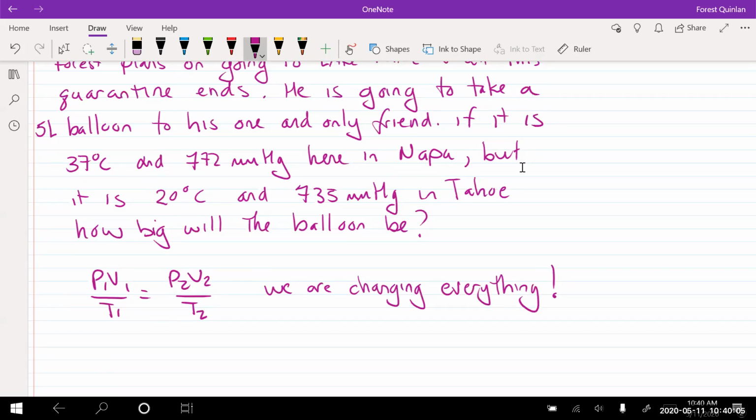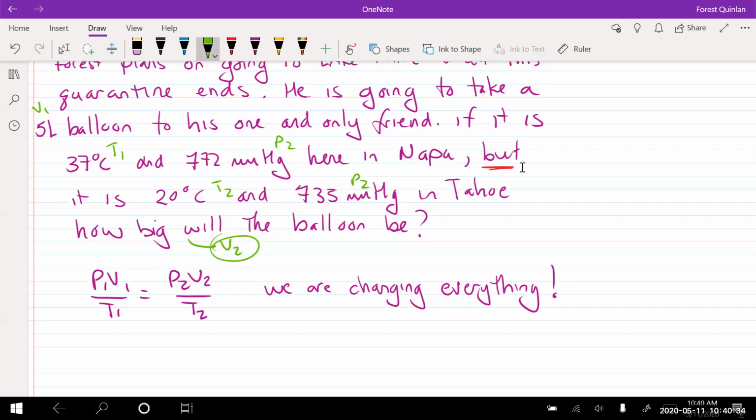Okay, so let's take a look at this. I have a 5-liter balloon. I'm going to label that as Volume 1, and it is at a T1 and a P1. But that means we're moving, so that means we have a T2 and a P2. I want to know how big it is going to be.